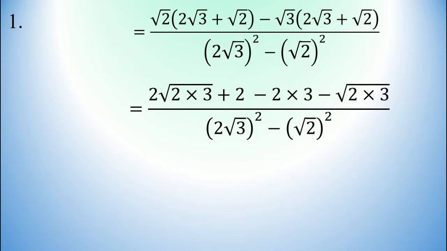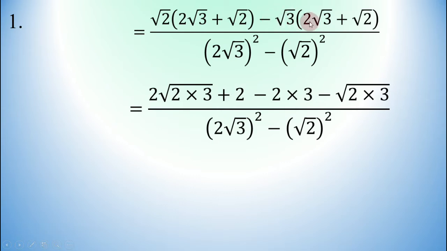Now simplify the numerator. Here root 2 multiplied by 2 root 3 gives 2 root 6, as within the root sign there is 2 into 3. Root 2 multiplied by root 2 is 2.